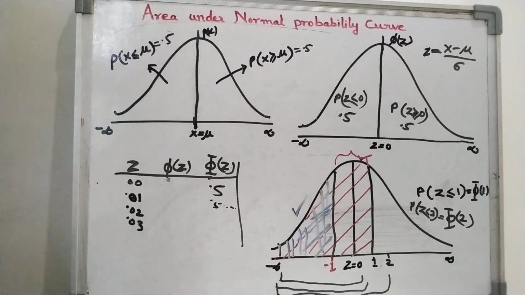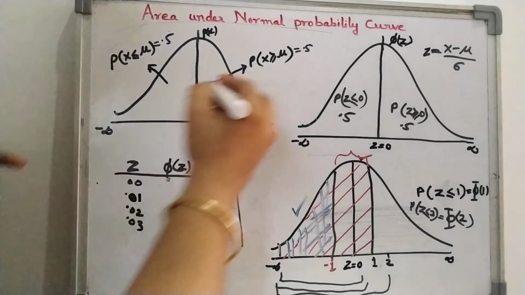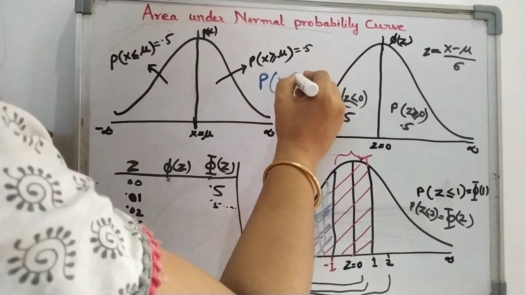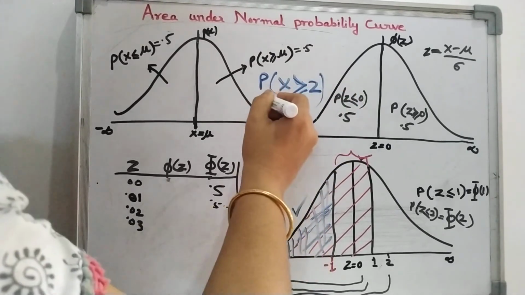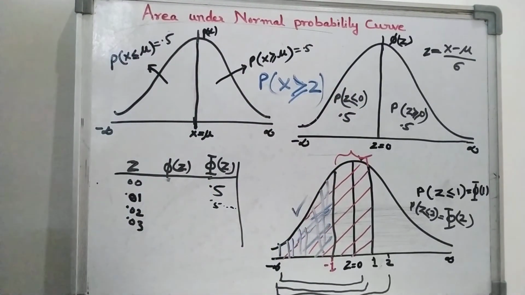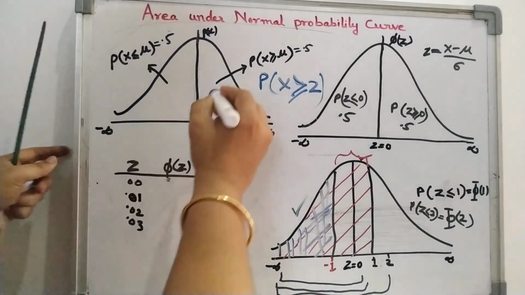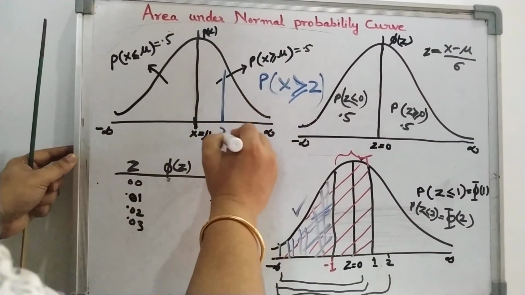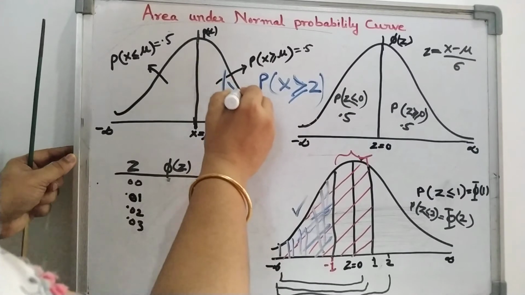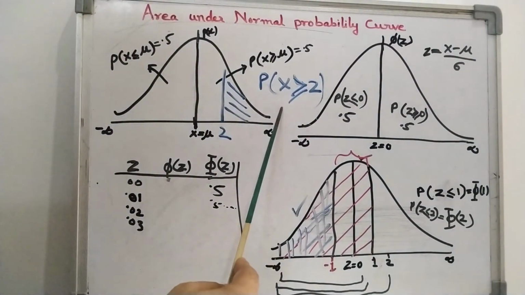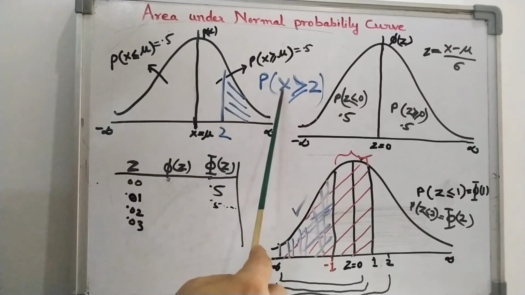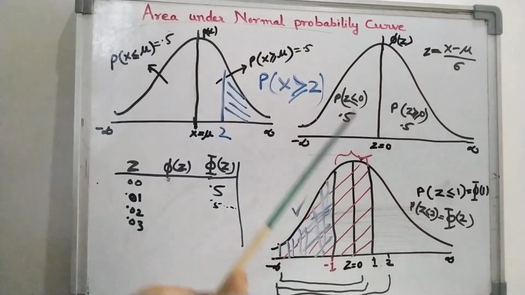So for every normal variate, if you are asked to find, suppose, the probability of x greater than or equal to 2, this means if this is your position 2, we are asked to find this area. We won't get table values in x form, so first we need to standardize it.